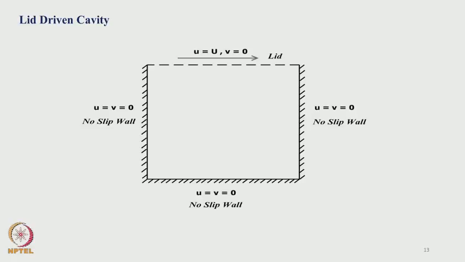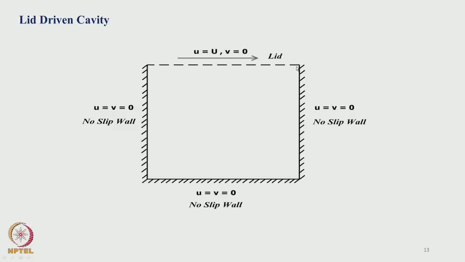The first one I am showing here is a lid driven cavity. So, it is a cavity, and the hash marks shown on the sides represent a wall, and on the top there is a lid that is driven with the velocity u equal to capital U and v equal to 0.